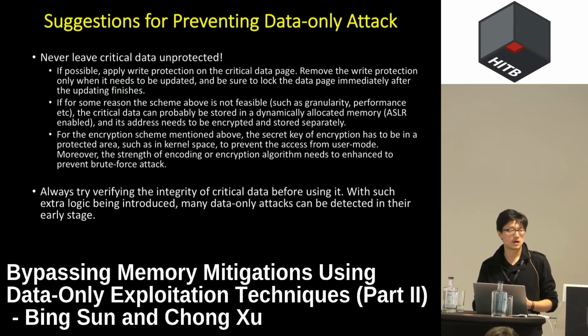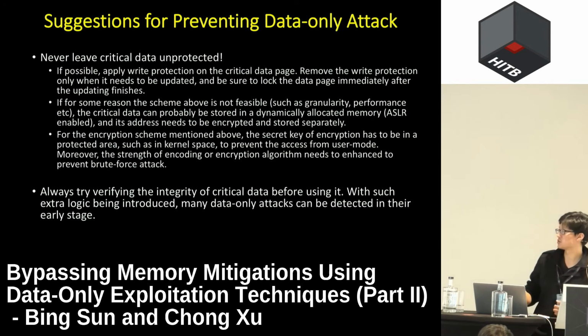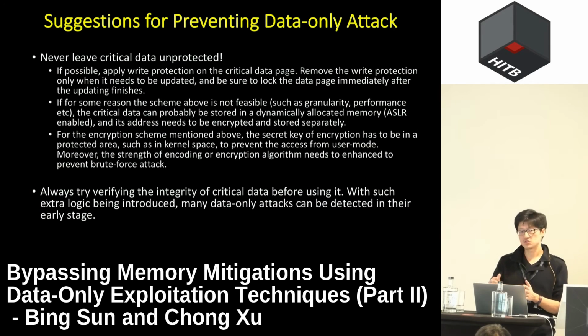You can either apply the right protection on your critical data page, or you can use certain forms of encryption or obfuscation to hide the address of your critical data. Another option is to always verify the integrity of your critical data before using it. With extra logic, many such attacks can be prevented in their early stage.